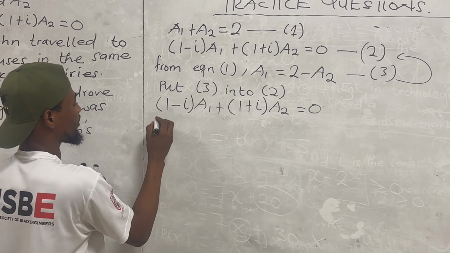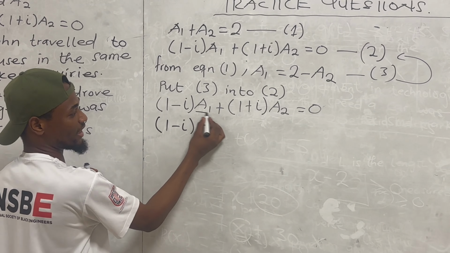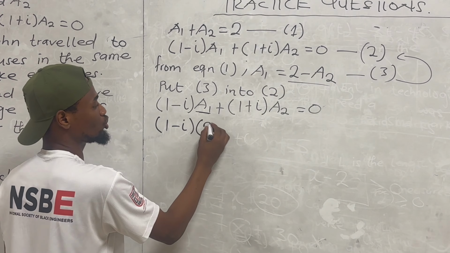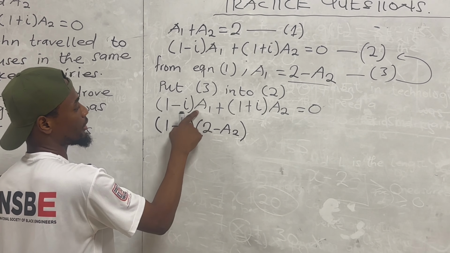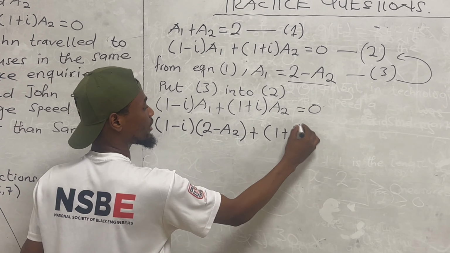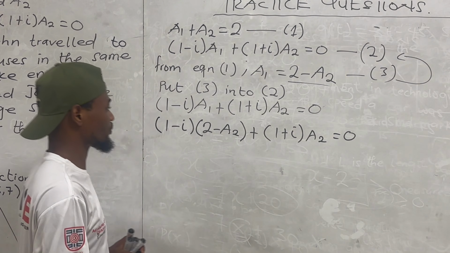So I have 1 minus I. Now A1 here is this, so I have times 2 minus A2. Then plus 1 plus I times A2 is equal to 0.